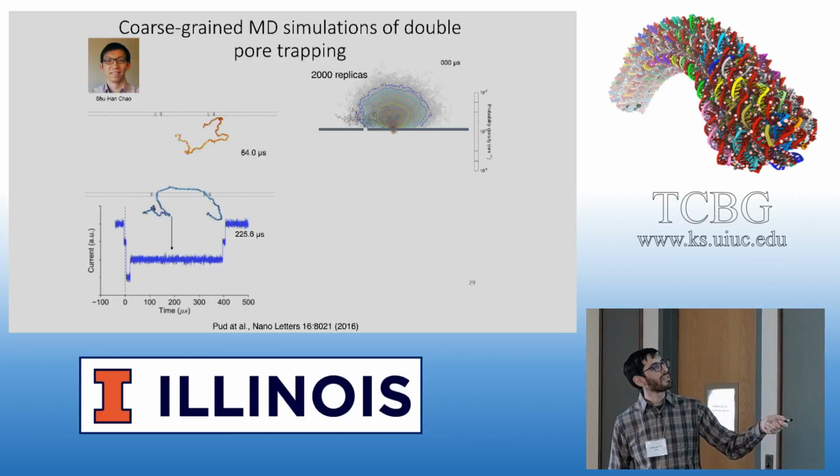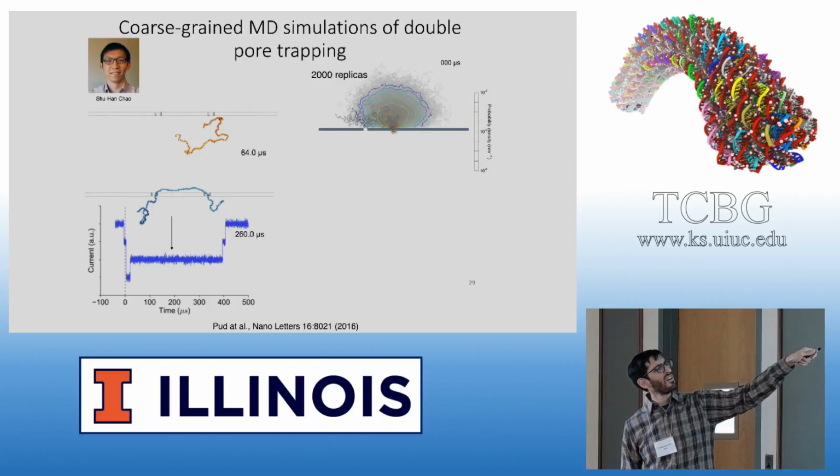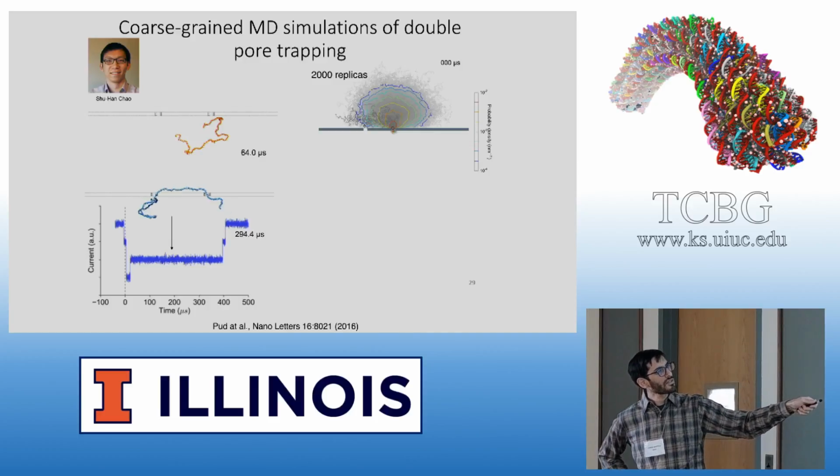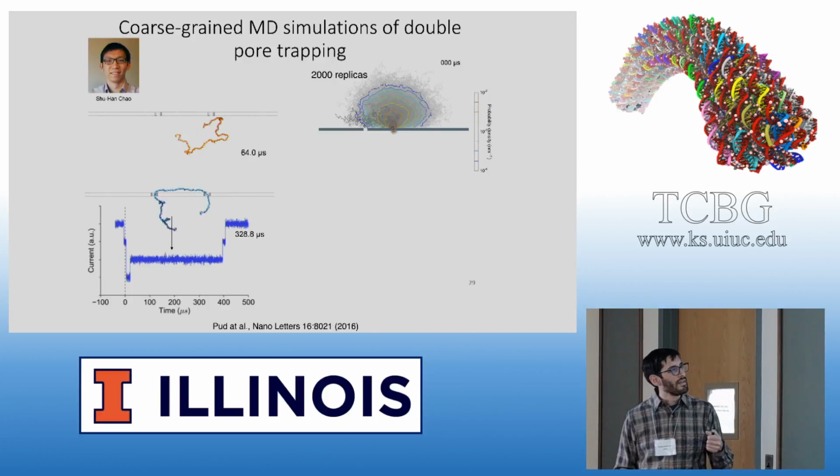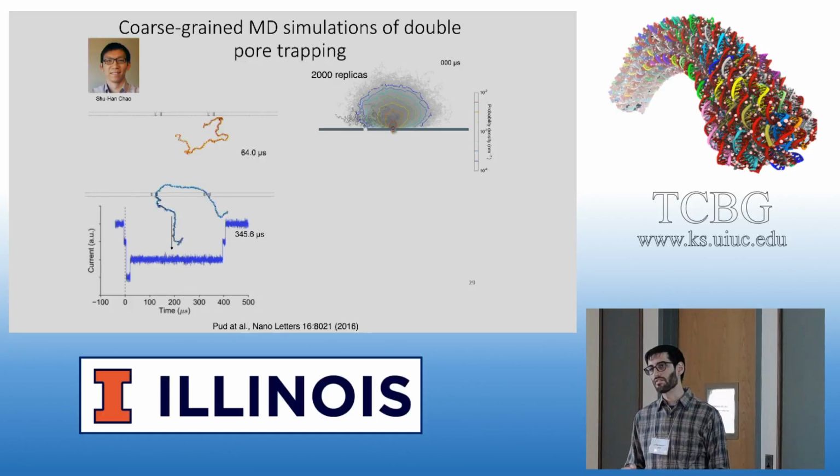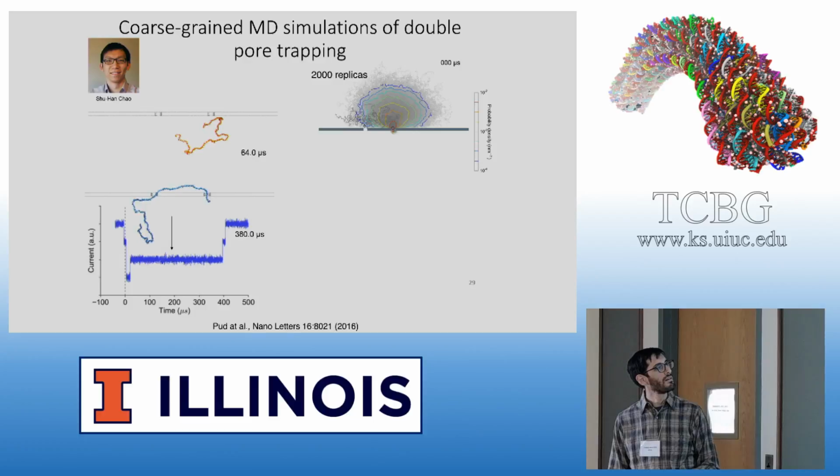There's force pulling down on the DNA from the applied bias. I forgot to mention that's also in this potential. So there's an electric force pulling down on each side of the DNA, and it takes actually quite a long time for it to fall out. And that's a good thing for any kind of sequencing applications. So we were excited about it.